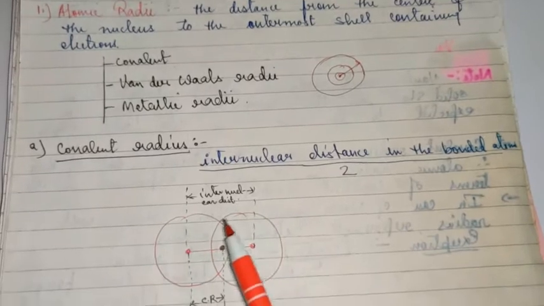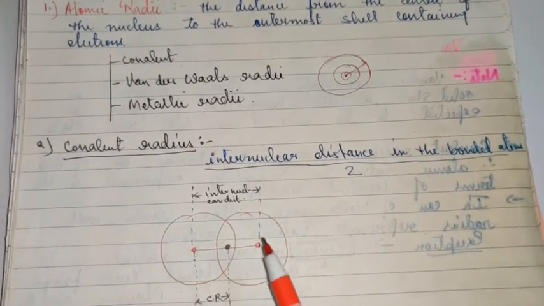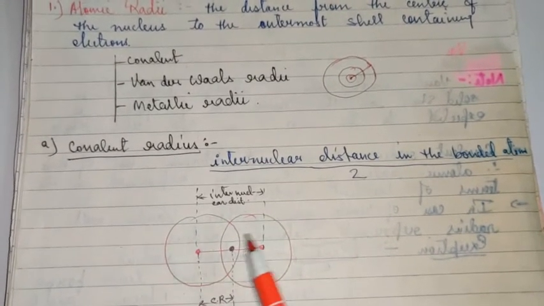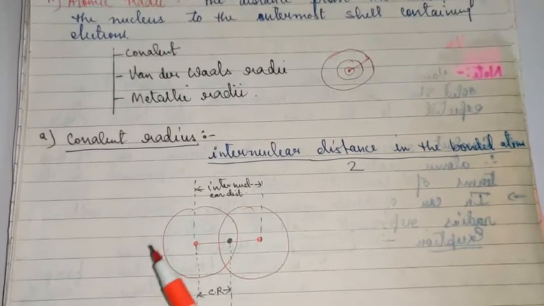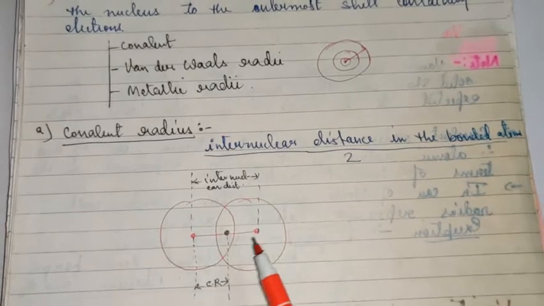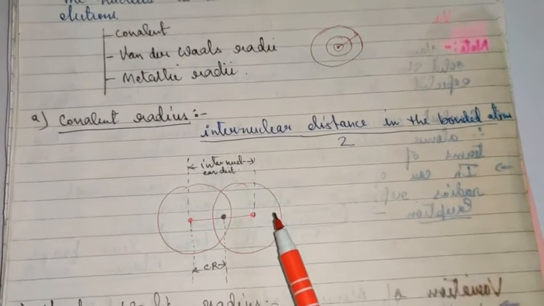And when you have to represent it in terms of orbits, we show it with this type of diagram where we show the overlap of the orbits and hence the orbitals. Here I have shown just the overlap of the orbits. So this type of bonding is known as covalent bonding, and the compounds are called covalent compounds.